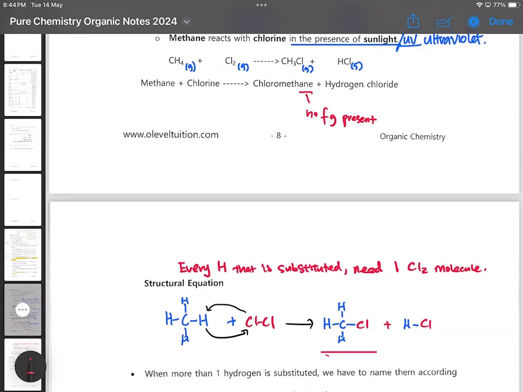So it will be under the alkane family. Why is it meth? Because in the formula, there's only one carbon atom. Why is it chloro? Because there is a single chlorine atom present.